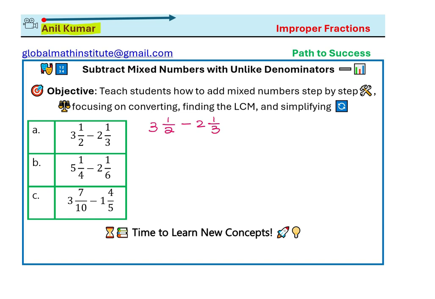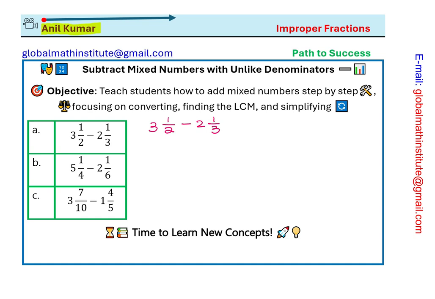Now this type of question can be solved very easily by not converting to improper fractions. However, we'll follow one strategy where we will be converting to improper fractions in general, right?